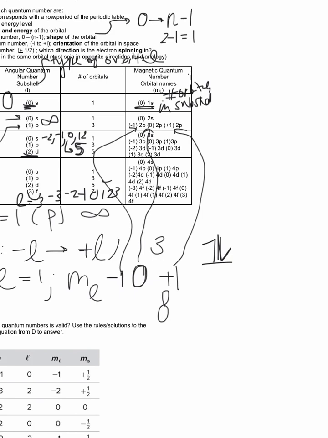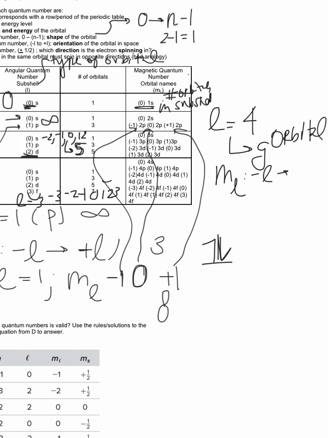So let's say we have an L equals 4. This would be a G orbital. So why don't you take a minute, pause, and predict how many individual orbitals would be contained within a G-shaped orbital. The M sub L values for L equals 4 go from -L to +L through 0.